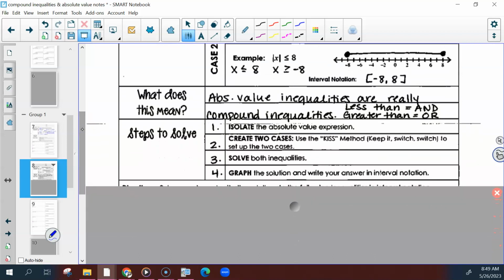Oh, I forgot to do the interval notation, but that is what it would have been. -8 to 8. So absolute value inequalities are really compound inequalities. Less than or equal to is and, greater than or equal to is or.